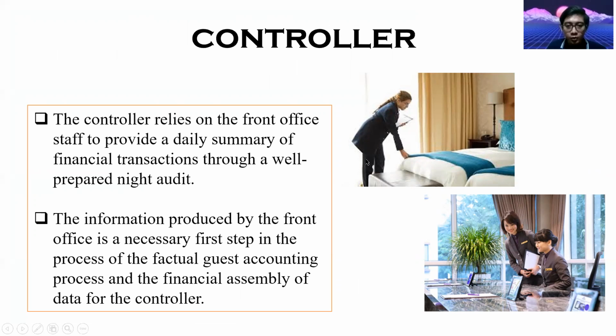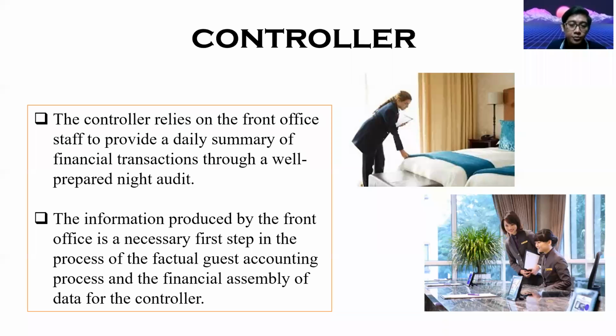now the communication between the controller and the front office. The controller relies on the front office staff to provide a daily summary of financial transactions through a well-prepared night audit. This information is also used to measure management's ability to meet budget targets.